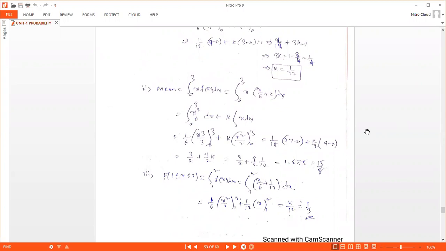Simplify it, write it down separately, and then integrate the function. Substitute the upper limit minus lower limit. We'll get the mean value as 15 by 8.